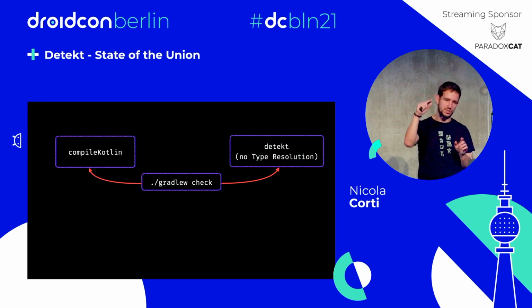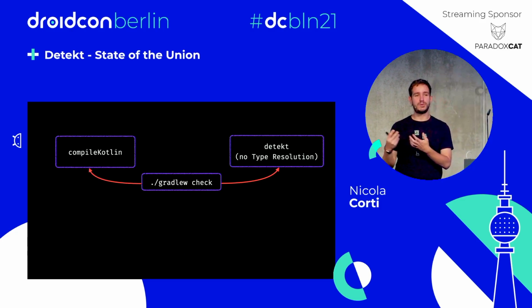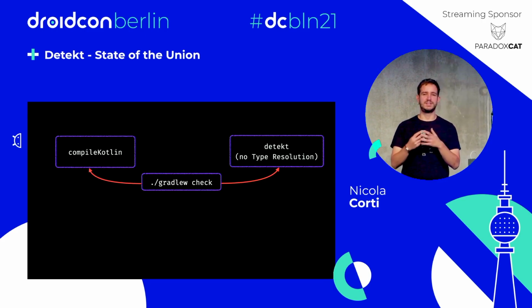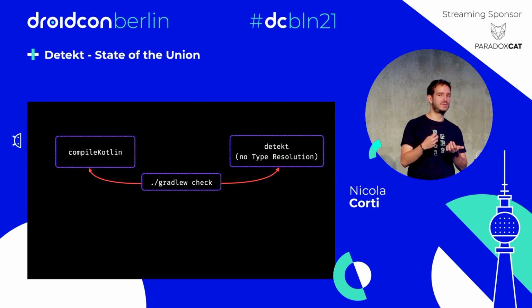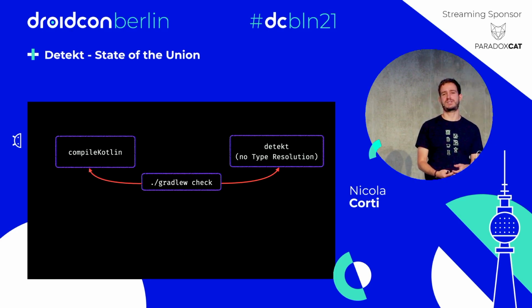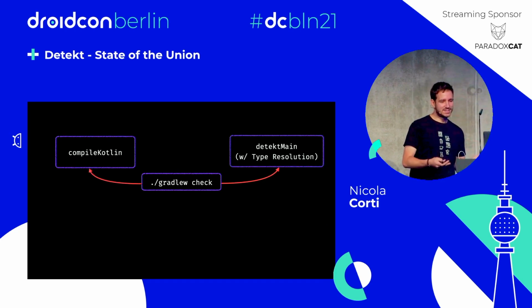The Gradle plugin just adds this arrow. But we want type resolution to be the default, because rules with type resolution are the more powerful ones. We can provide more advanced analysis if we have types. So that's the ideal state. It's not there yet. You need to connect those tasks if you want to.